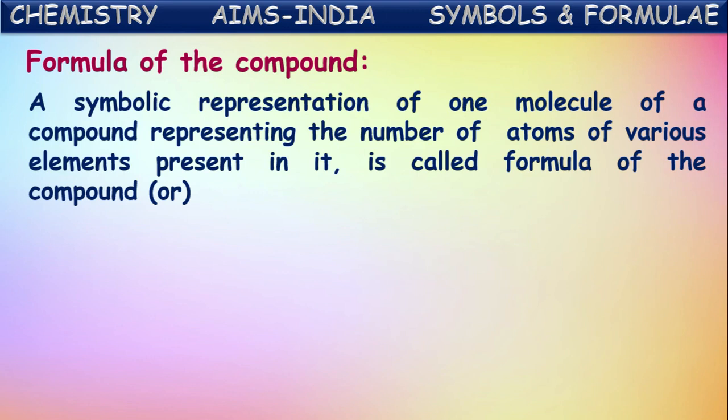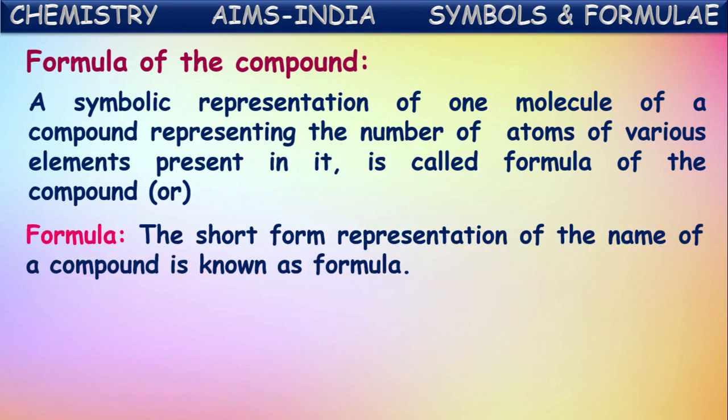For elements, the shorthand representation of the name of an element is its symbol. In a similar way, the shorthand representation of the name of a compound is its formula. This formula represents the number of various kinds of atoms present in the molecule of that compound. So this can also be defined as: the short form representation of the name of a compound is known as the formula of that compound.